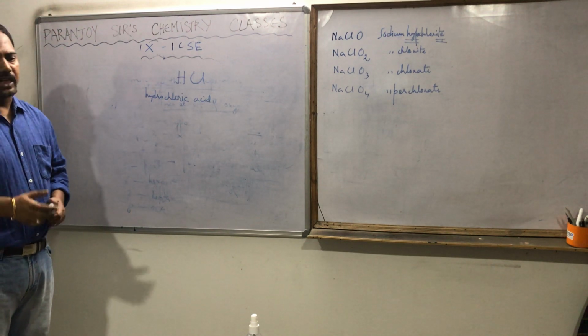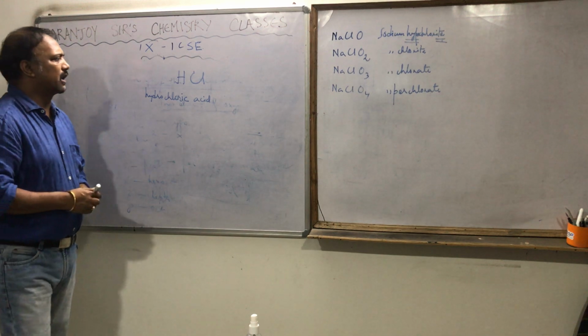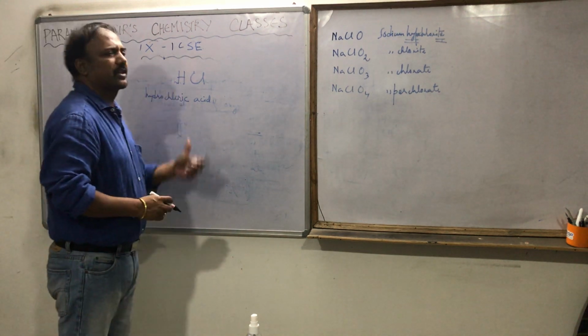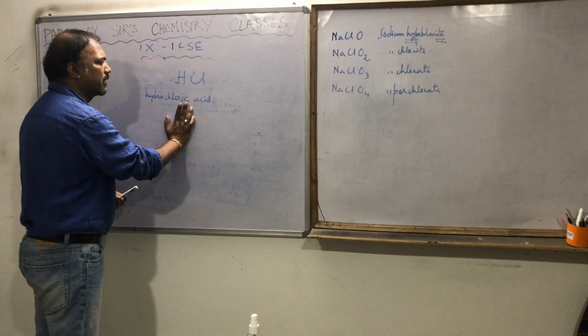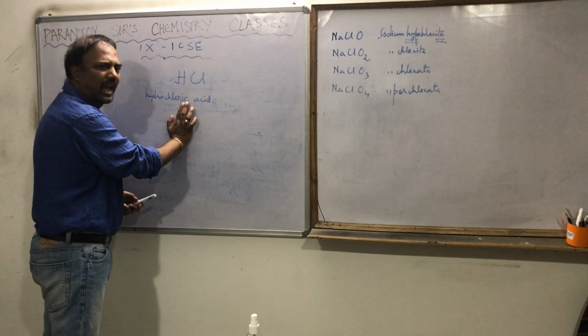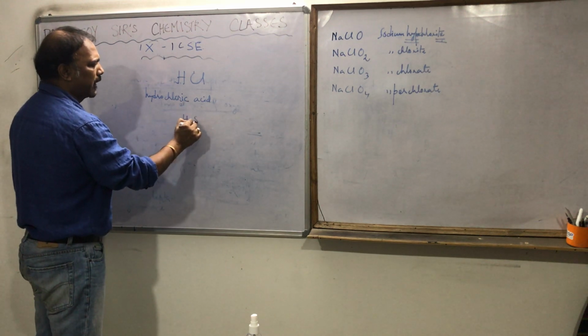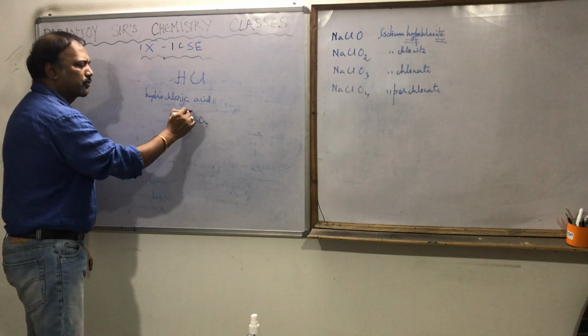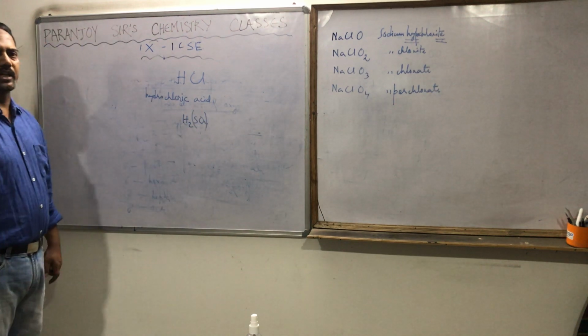And if there is a radical present in the acid, there is no prefix, and this ic is not added. For example, suppose H2SO4. SO4 is a radical. And the name of this radical is sulfate.